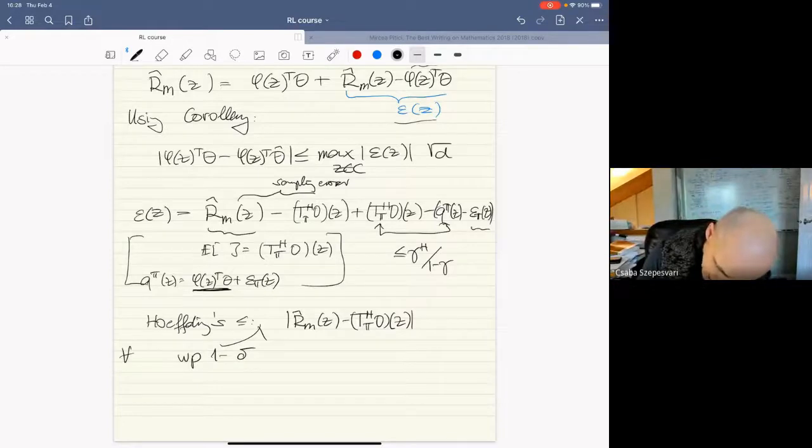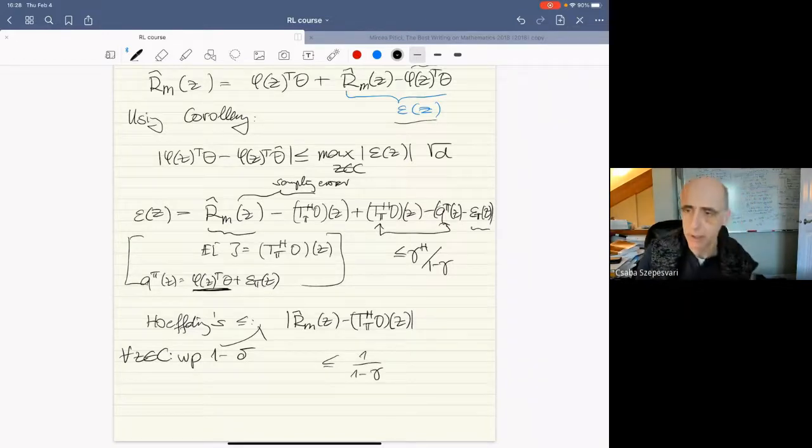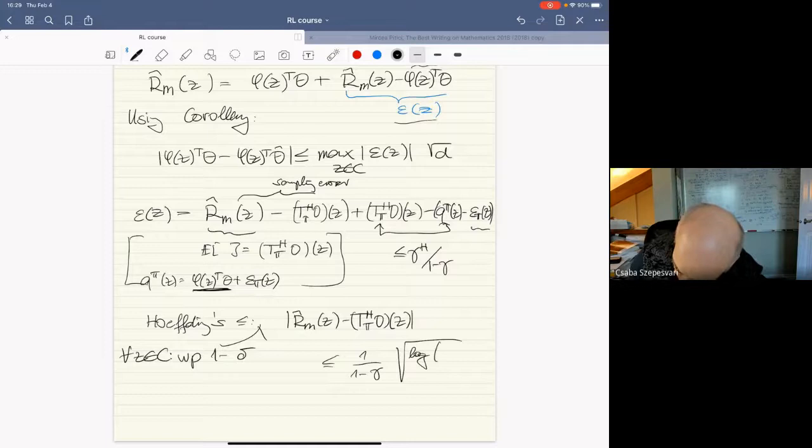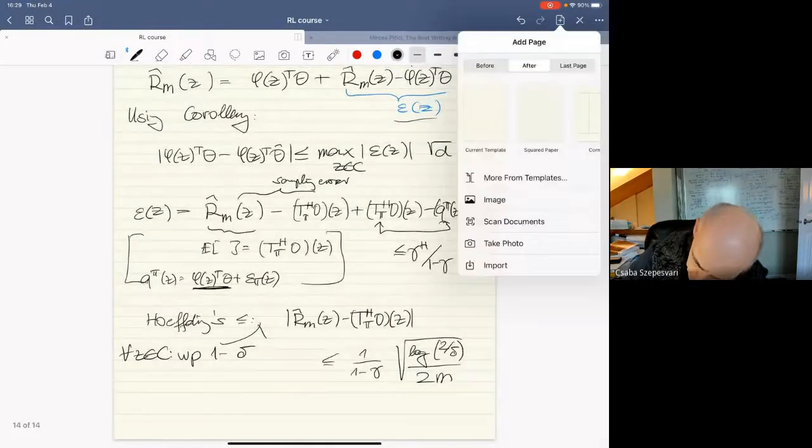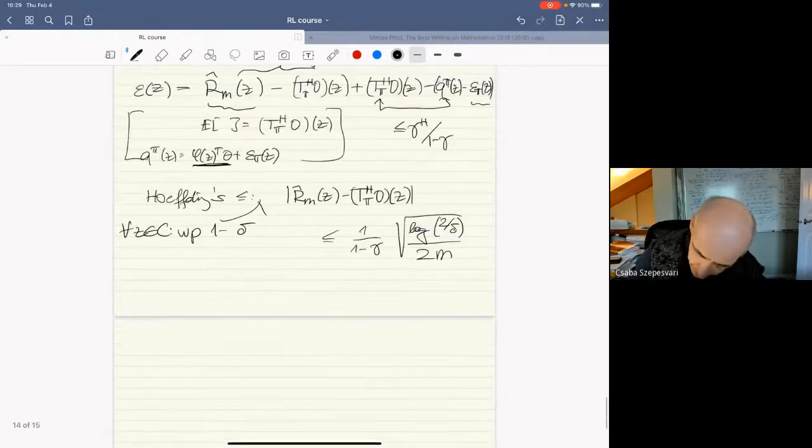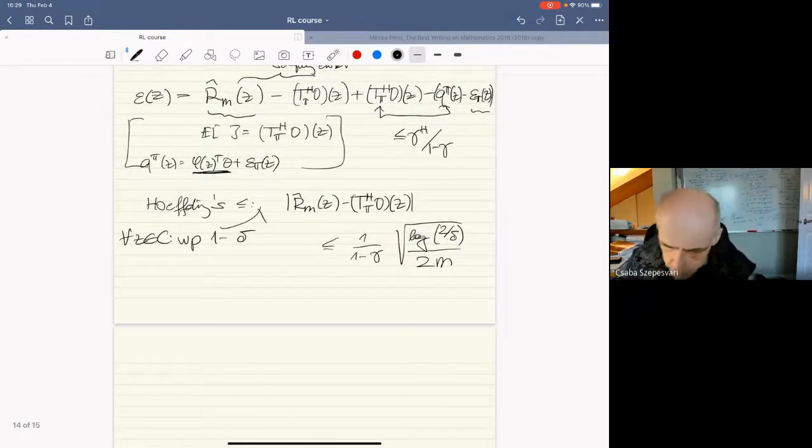So for every z in C, with probability 1 minus delta, this deviation is smaller than or equal to the scale of the values that we're averaging, which is 1 over 1 minus gamma times the square root of log of 2 over delta divided by 2m. But we want to control these errors for all values of z in C simultaneously.